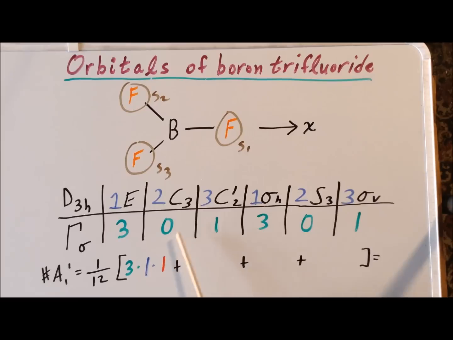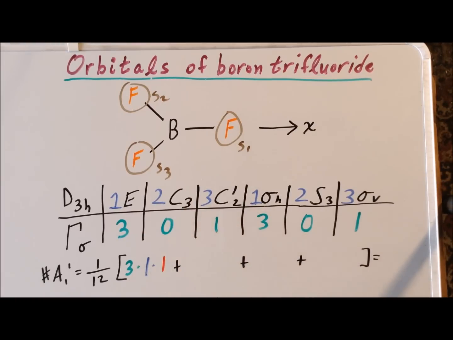The second term would be 0 times 2 times the character from the character table, which is a 1. But multiplying anything by 0 equals 0, so we can save ourselves some labor.